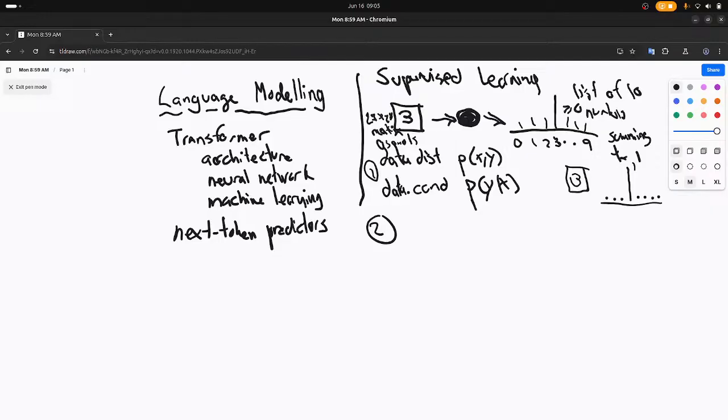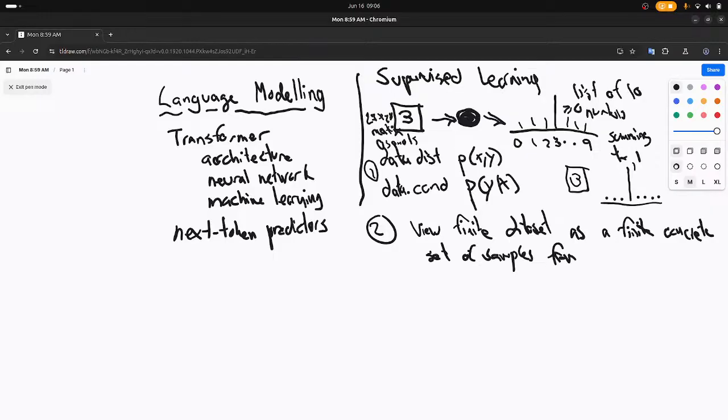The second thing is we view finite data sets as a finite, concrete set of samples from the data distribution. This means that MNIST, what is MNIST? For example, MNIST is maybe 60,000 pairs like this.